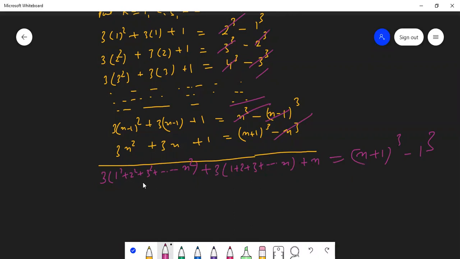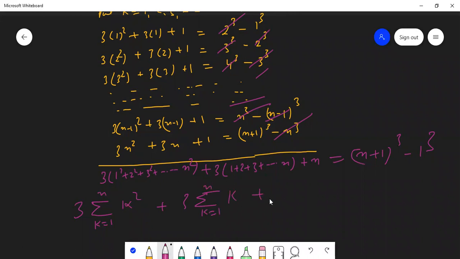Let's write this thing. We represented this as 3 times summation k is equal to 1 to n k square. That's how we can write. Plus, this is 3 times sigma k is equal to 1 to n and k.